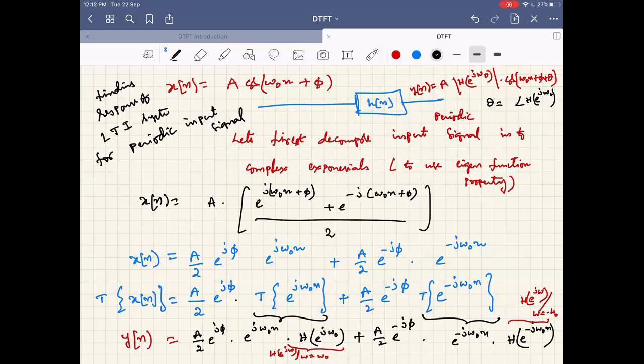The frequency content of the output doesn't change if it is an LTI, linear time invariant system, because of the property of eigenfunctions. Only the magnitude and phase will change for the cosine input to an LTI system, but the frequency of the output is the same as the frequency of the input.